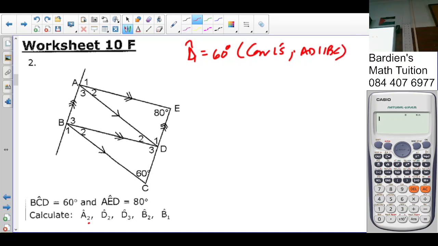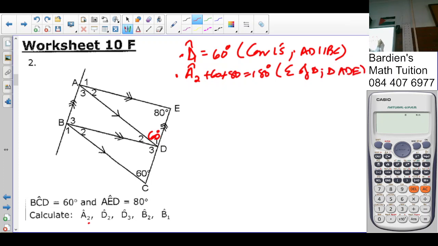Then I said angle A2 plus 60 plus 80 is equal to 180. Why? Sum of triangles, and that is triangle ADE. So angle A2 is 40 degrees.